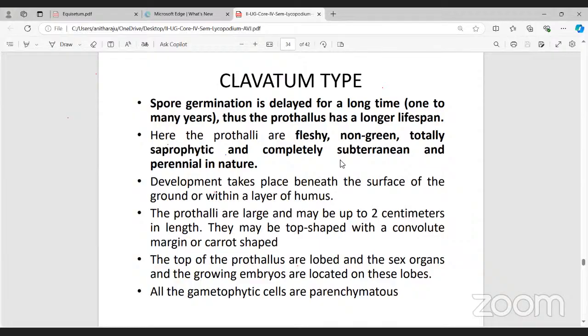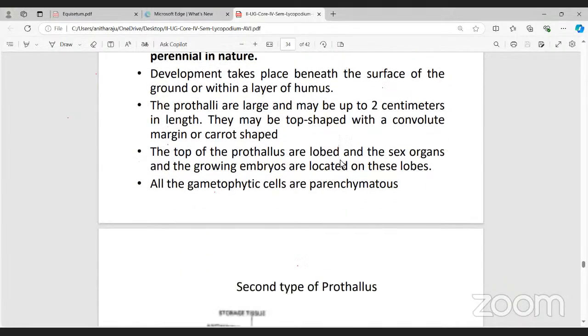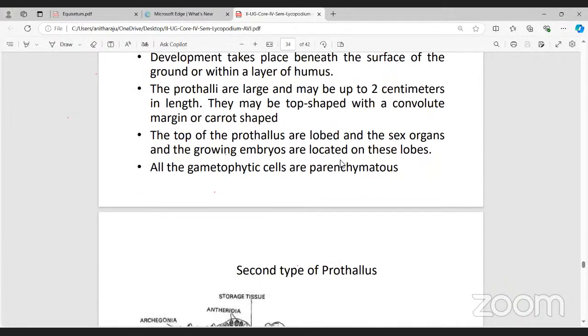Non-green means no chlorophyll, totally saprophytic. What is saprophytic? Living on dead and decay. So the Clavatum type is saprophytic. But anyway, when it reaches the maturity stage, it bears both antheridia and archegonia.